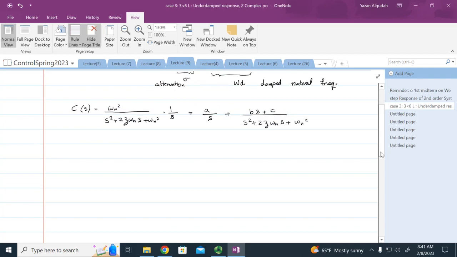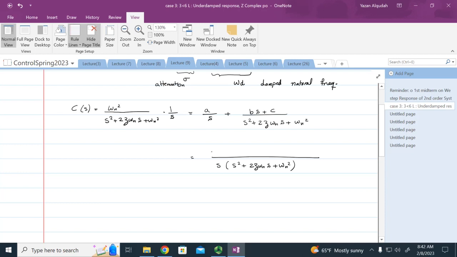So looking at this, we're going to see why we're expanding it like this. It will become clear. I'm going to unify the denominator. This is going to equal s multiplied by s squared plus 2 zeta omega n s plus omega n squared. What is the numerator?